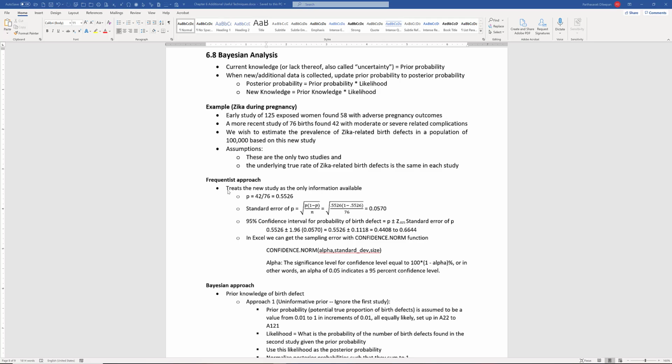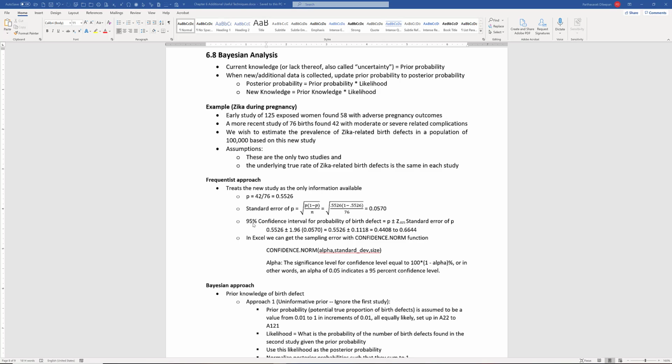Remember, we are ignoring the earlier study and only looking at the second study: 42 out of 76. So the probability of adverse outcome is this ratio, 0.5526, and then using binomial probability theory we can find the standard error of this p estimate, which is given by this formula. Plug in the values and you get the standard error.